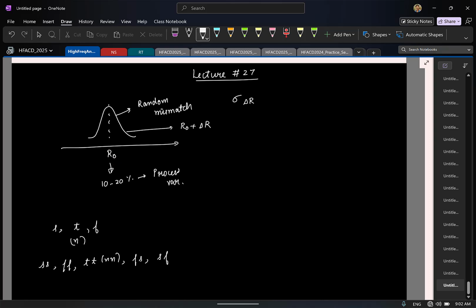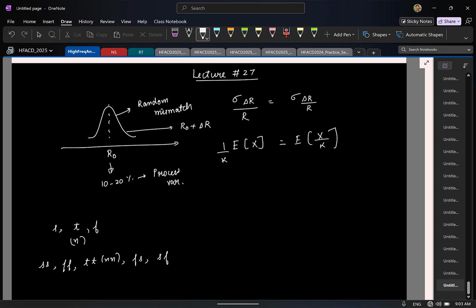So what do we look at instead of looking at the absolute mismatch? We look at the mismatch normalized with respect to the nominal value, and this is essentially sigma of delta R by R. Again, what I am saying is that the standard deviation of some random number x scaled by a constant is the same as taking the standard deviation of the random number divided by the constant. That's all.